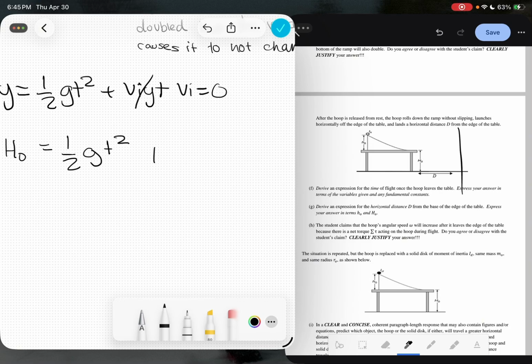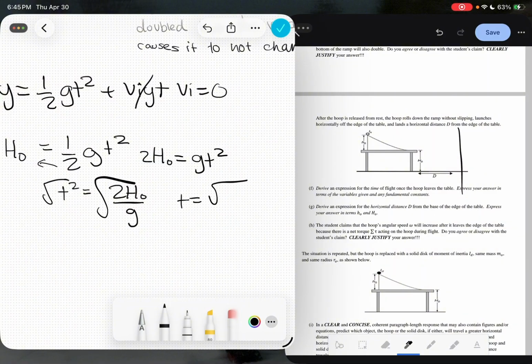So 2H naught equals gt squared, and I'm gonna divide g over, so t squared equals 2H naught over g, and I'm gonna square root both sides, so t equals square root of 2H naught over g.